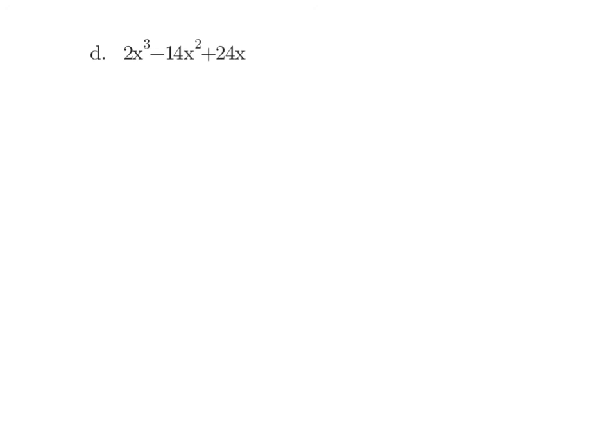Example D, again, the first thing I want to do is check for greatest common factor. We do have a greatest common factor here. I can factor out a 2, and all of my terms have an x in common. Okay, so if we divide each term by 2x, we are left with x squared minus 7x plus 12.